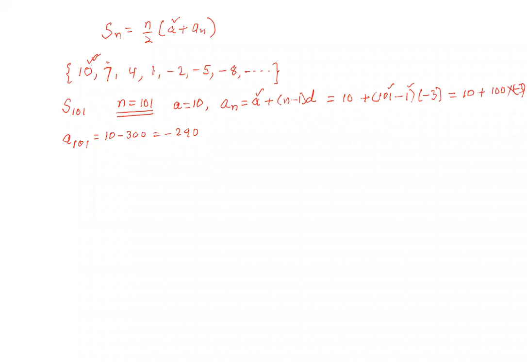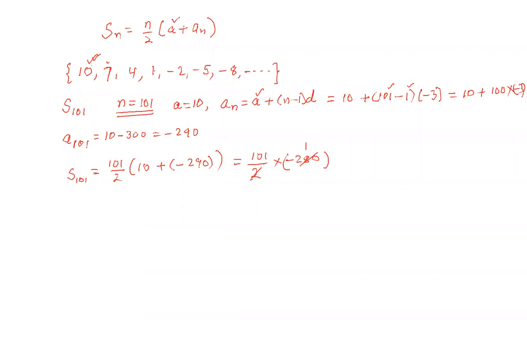So use the formula now. S sub 101 is equal to 101 divided by 2 times (10 plus -290). If you simplify it, 101 divided by 2, 10 minus 290 is -280.